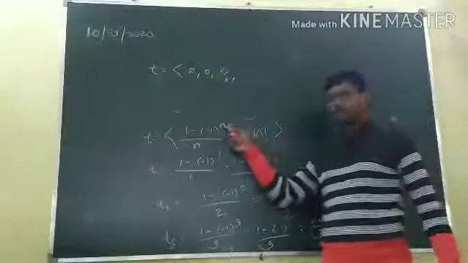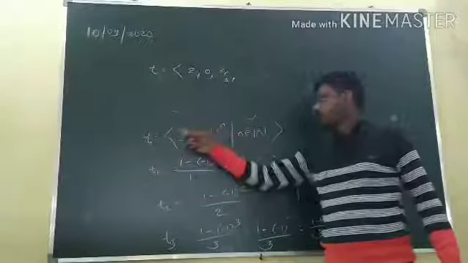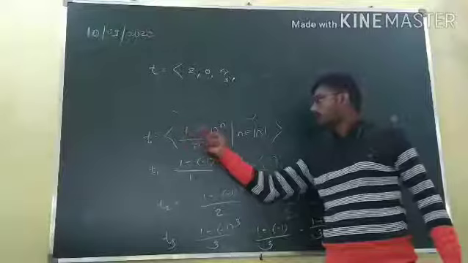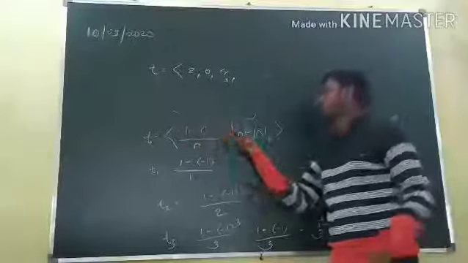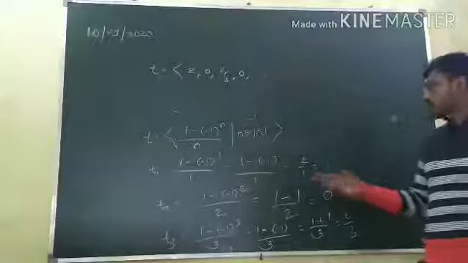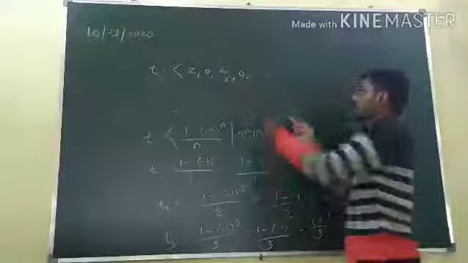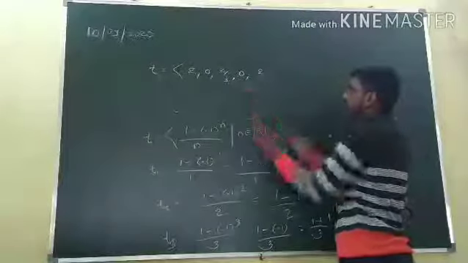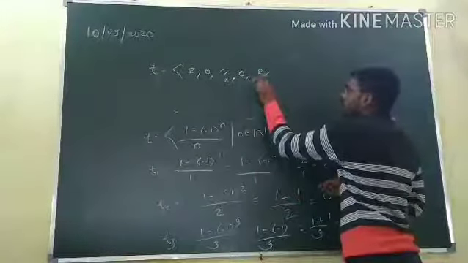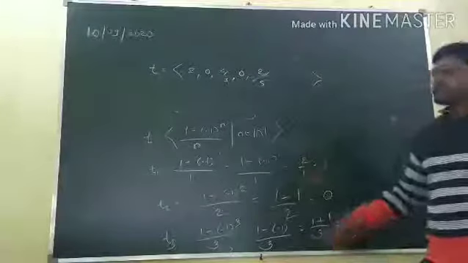If you put n equal to 4, (-1) raised to power 4 becomes plus 1. So 1 minus 1 becomes 0. The next term will be 0. What is the next term? Again, see the pattern: 2 by 1, 2 by 3. The next term after 0 will be 2 by 5, and so on. So this is the sequence t.